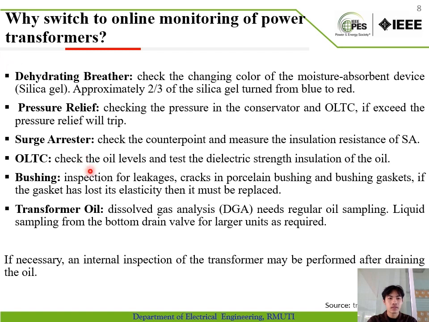For the oil of the on-load tap changer and transformer oil, we only use a digital sensor for dissolved gas analysis instead of taking an oil sample to the laboratory. This is for checking internal faults, and for predicting the aging and predicting events of the transformer.